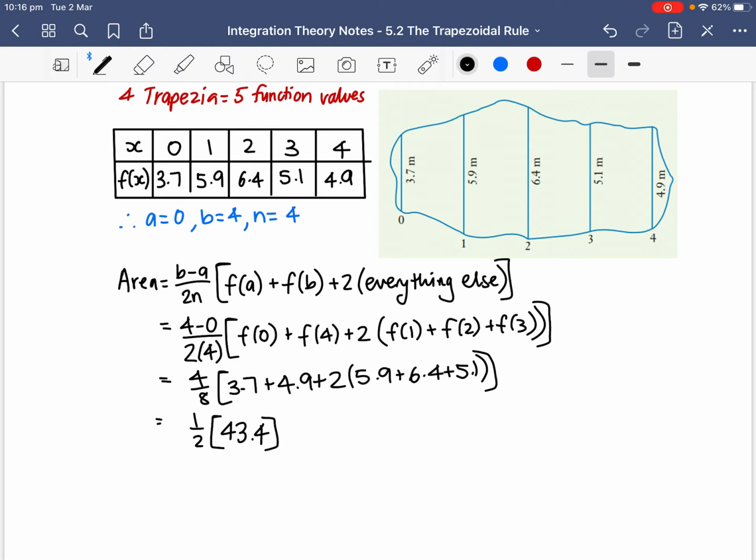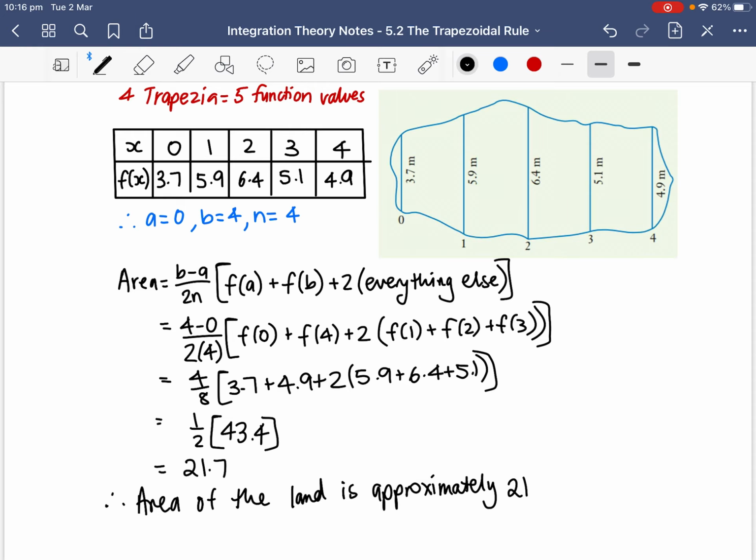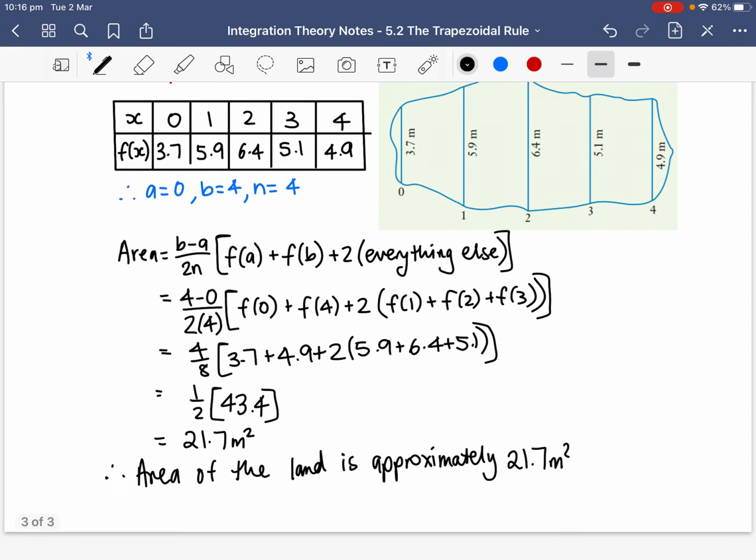So a half times 43.4 equals 21.7. So therefore the area of the land is approximately 21.7 meters squared.